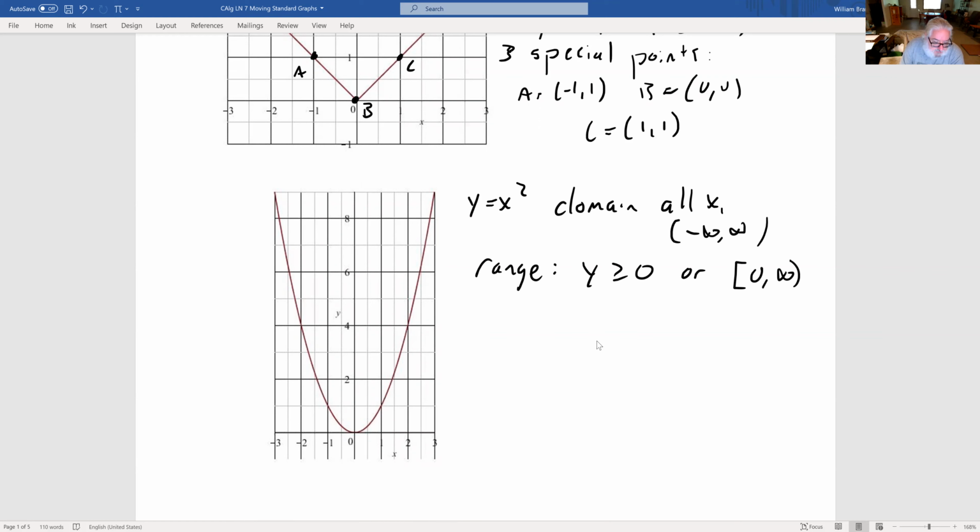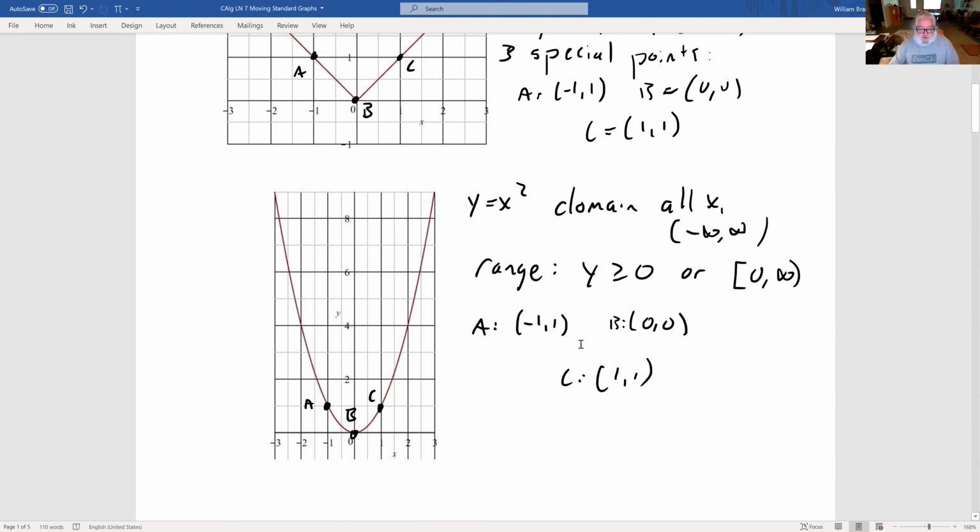And it's got the same three special points that the absolute value graph has, -1, 1, 0, 0, and C is 1, 1.